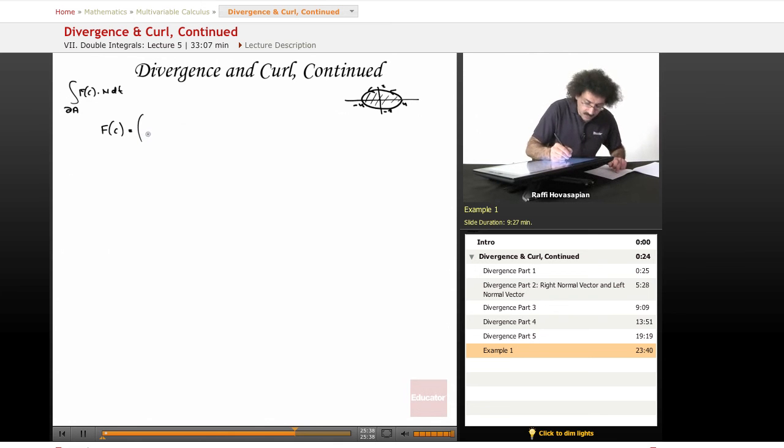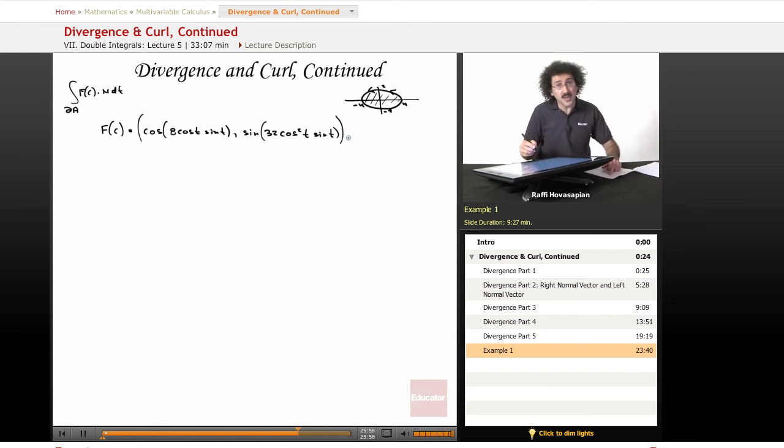It's going to equal cosine of 8 cosine t sine t, and sine of 32 cosine squared t sine t. And again, I hope that you will confirm this for me, and if I make a mistake, it shouldn't be a problem. Just put it into your math software and you'll get the particular answer.